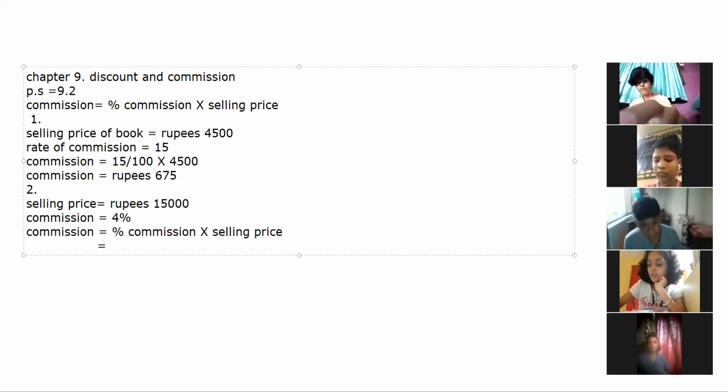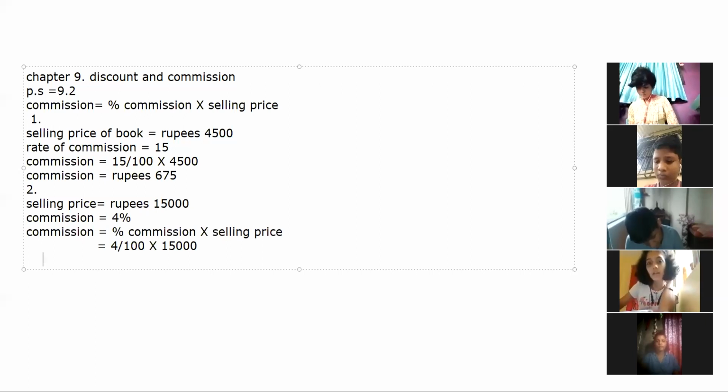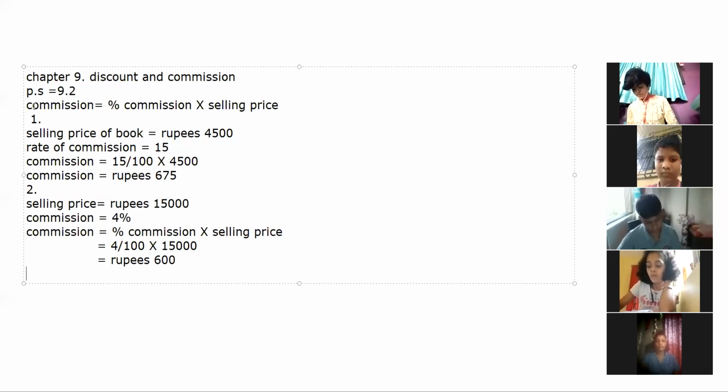So that will be 4 upon 100 into selling price. They had given 15,000, right? So let's solve this. You'll get answer rupees 600.